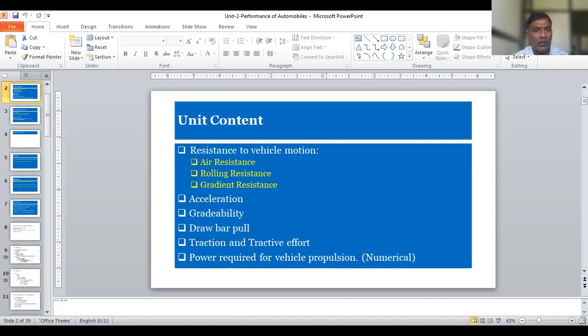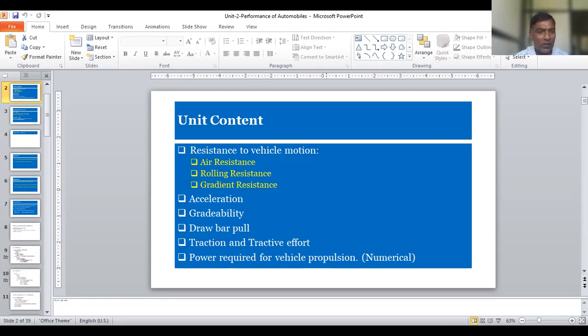Similarly, here the force available at contact between the tires and road is known as tractive effort, right? Now this question itself is confusing. Here we need to assume that the vehicle is having front engine rear wheel drive.